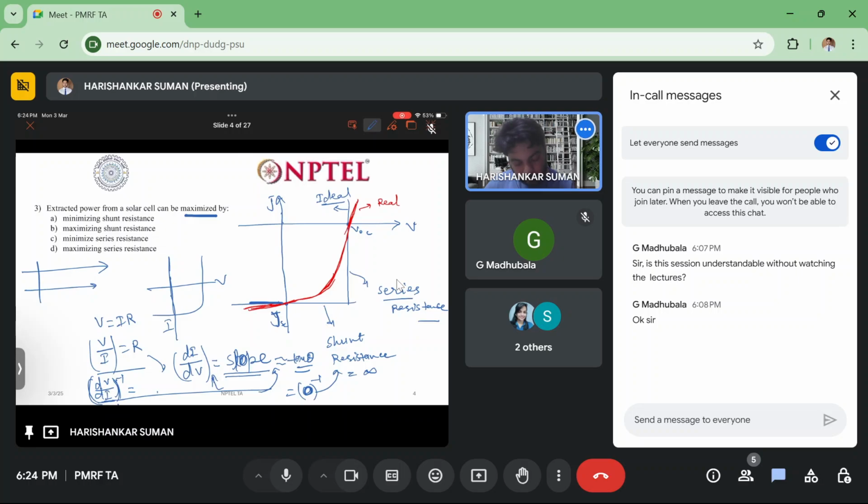Take the inverse, you will get the resistance. This side is 0 because perpendicular to the x-axis gives theta equal to 90, tan 90 is infinite, and taking the inverse of this, you get the slope. So this will be 0.